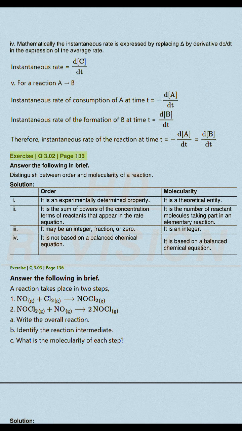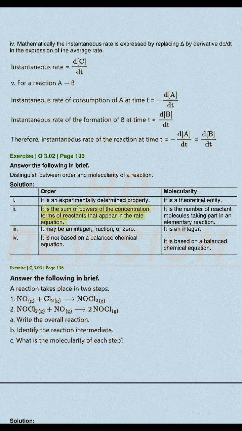Exercise Q 3.02, page 136. Answer the following in brief. Distinguish between order and molecularity of a reaction. Solution. Order: I. It is an experimentally determined property. II.